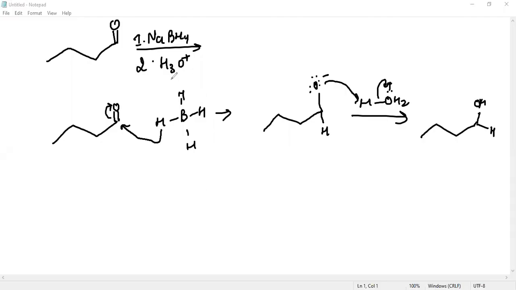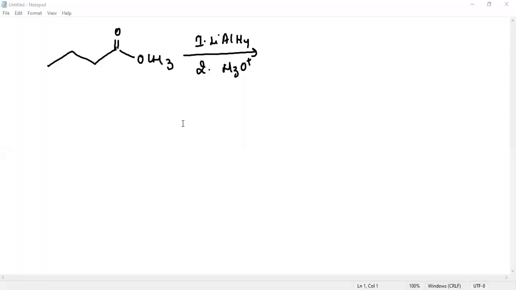So if you have here this reagent, it is good to reduce your ketones, aldehydes, okay, even acid chlorides. But if you have ester in case, then this is not the reagent for you. You have another reagent which we are going to work on now. So for esters, we have to use lithium aluminum hydride.